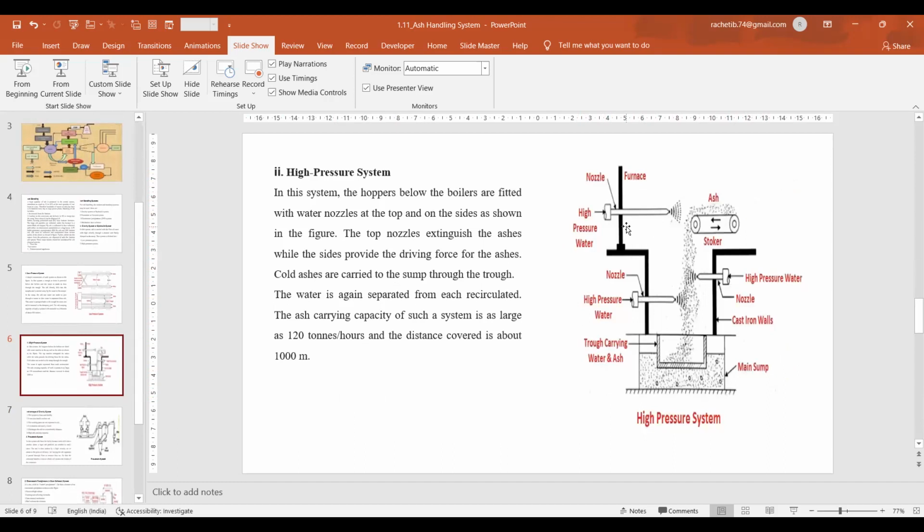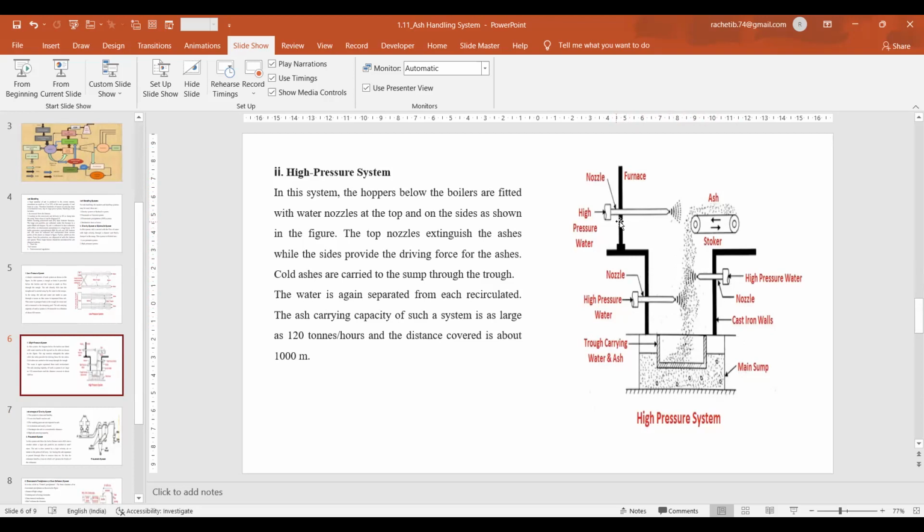In the high pressure system, ejectors or nozzles are used. You are seeing in the figure 3 nozzles or 3 high pressure water taps. After combustion, the ash falling on the stoker is collected into the bottom hopper while flowing down.